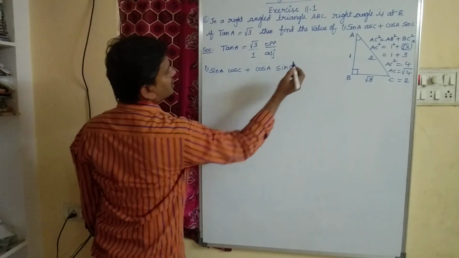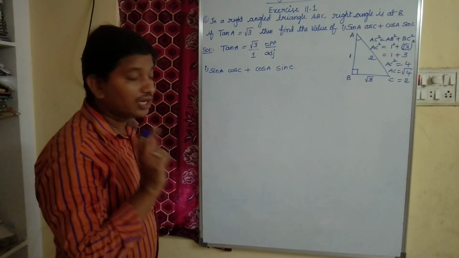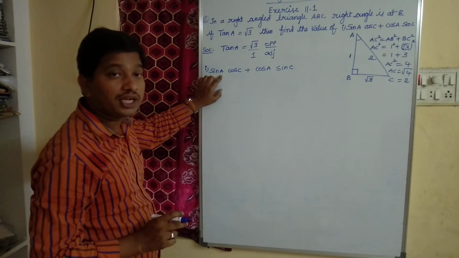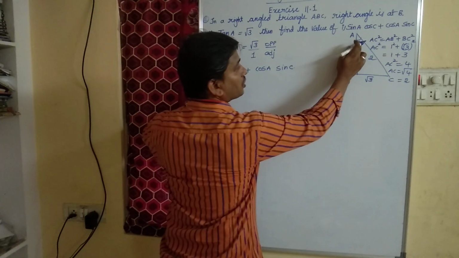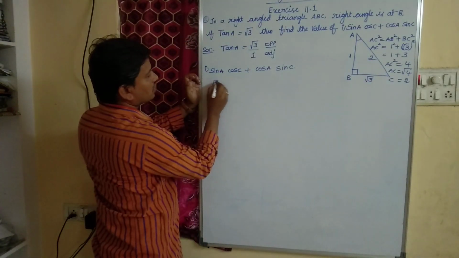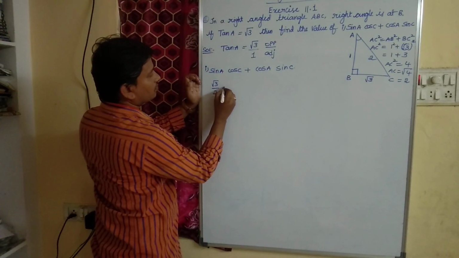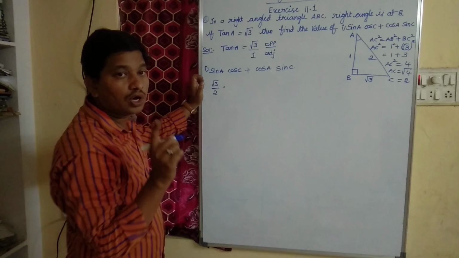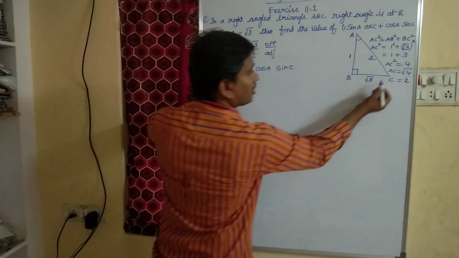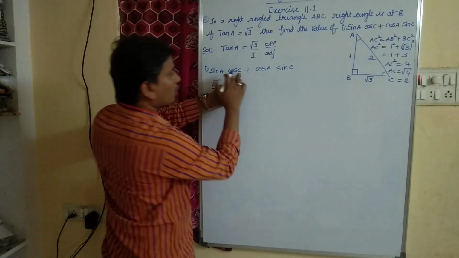Angle is very very important children. First sin A with respect to A. What is sin ratio? Opposite side by hypotenuse. So sin A is root 3 by 2 into cos C. Angle is at C with respect to C. What is the ratio of cos?